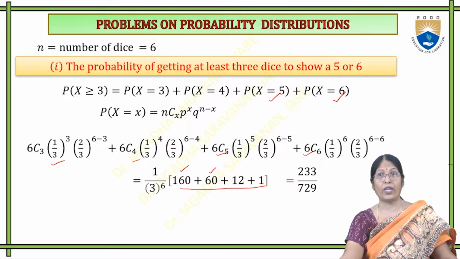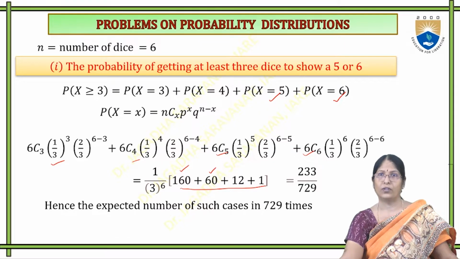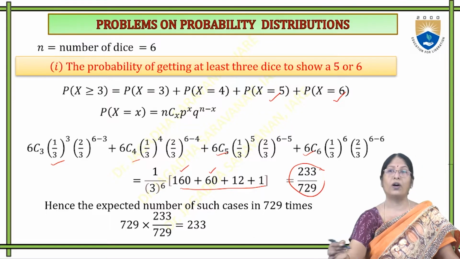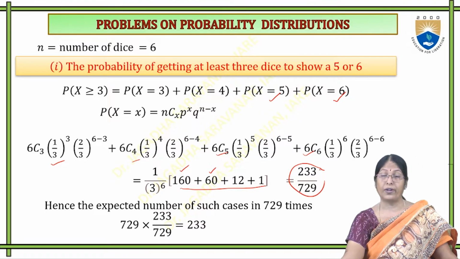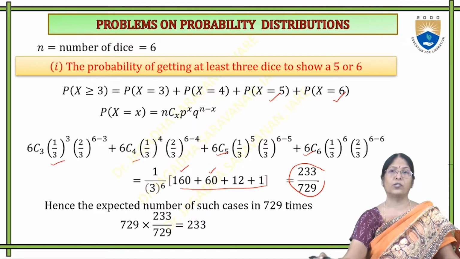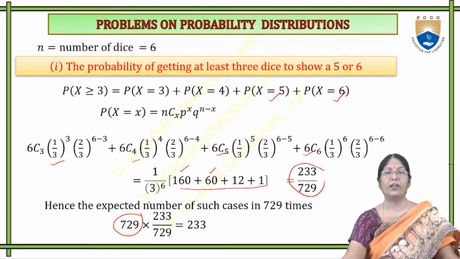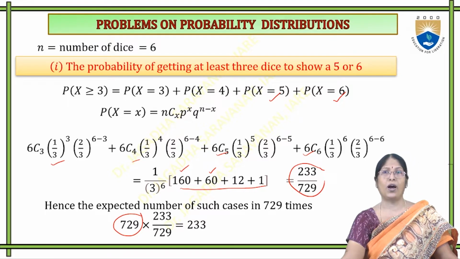This is for throwing one time. But in our problem, the 6 dice are thrown 729 times. So if it is 729 times, this is multiplied by 729, which is equal to 233.